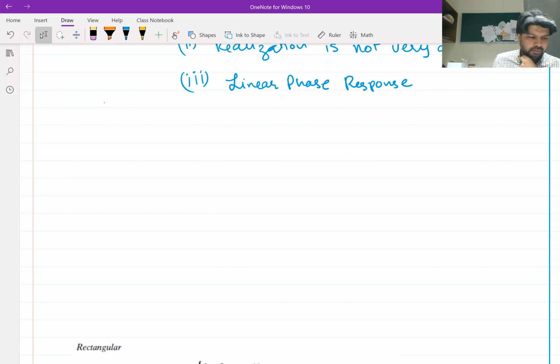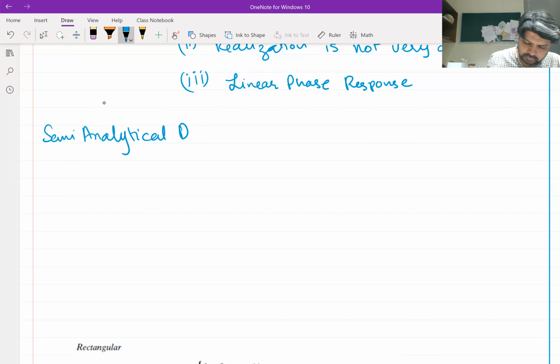Okay. So design of FIR filters is typically done by computer aided design, but we can have some feel of these filters, and these kinds of design are sometimes called semi-analytical designs, through which you can get a rough idea of what your filter is.